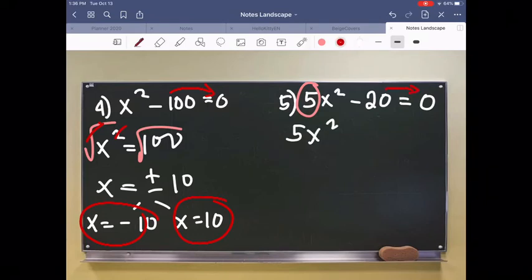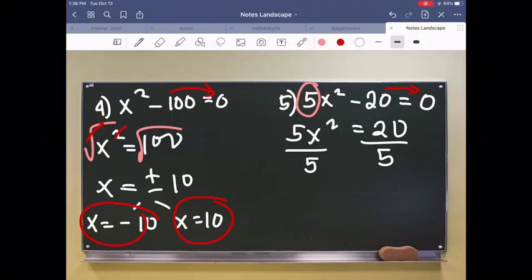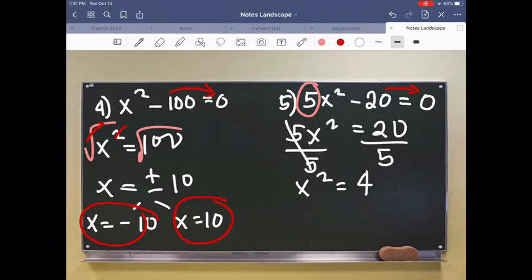Ito, ilipat sa kabila, equals 20. Okay. And then we have divided by what? 5. Okay. This will cancel. This will cancel. Okay. So, x squared now is equal to 20 divided by 5. That would be what? 4.